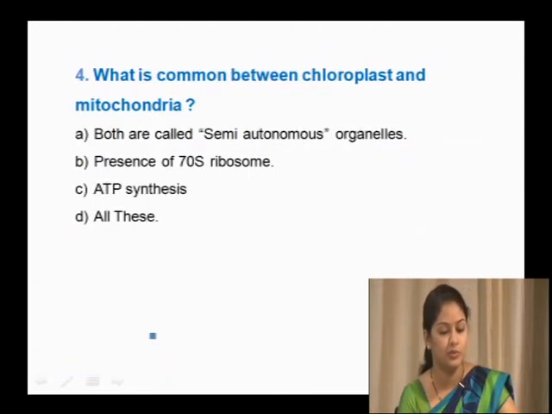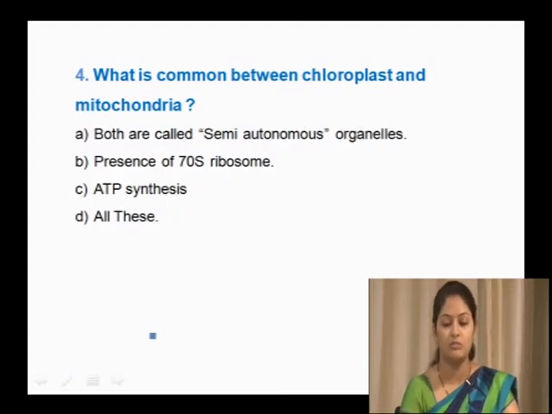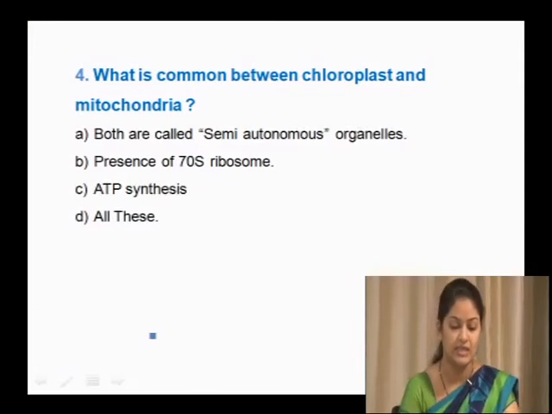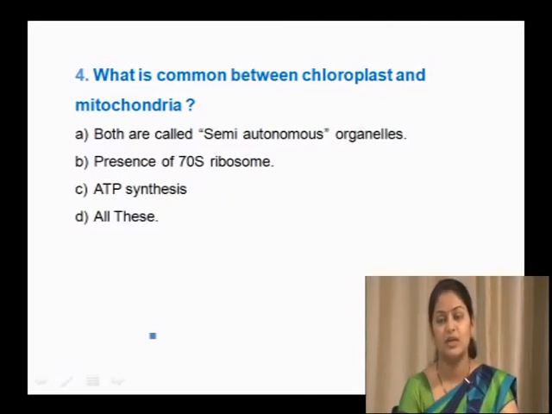Moving on to the fourth question. What is common between chloroplast and mitochondria? Options: A, both are semi-autonomous organelles. B, presence of 70S ribosome. C, ATP synthesis. D, all these. In the previous synopsis sheets, we have understood that the common nature between chloroplast and mitochondria is that both are double membrane bound organelles just like nucleus.